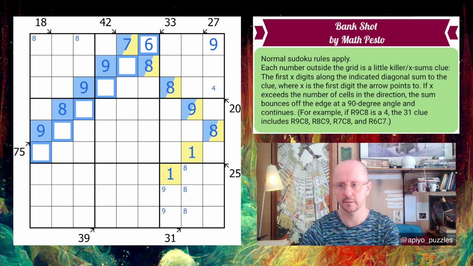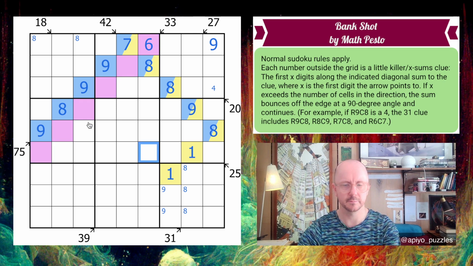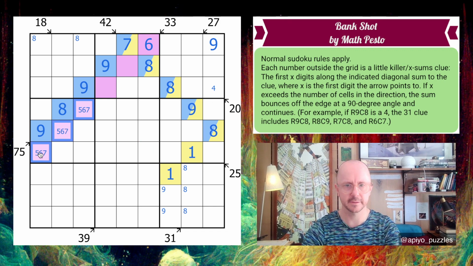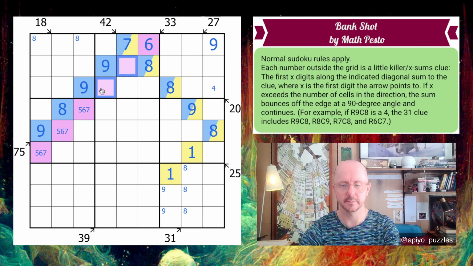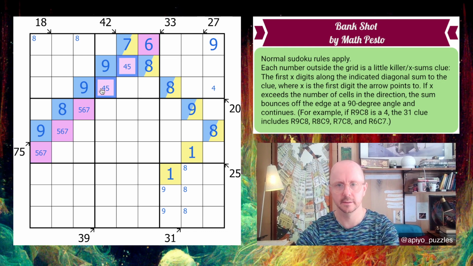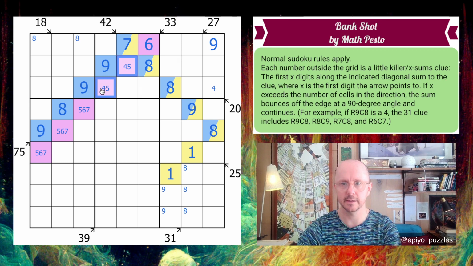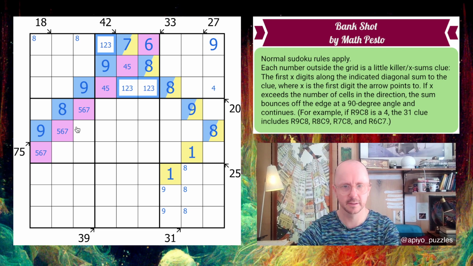In fact, it might just be a strict minimum kind of situation again, or maximum rather. This is a maximum of 5, 6, 7 for 18, and this is a maximum of 4, 5, 6 for 15. 18 and 15 is 33. Right. So we're left with 1, 2, and 3 in the box. We're left with 1, 2, 3, and 4 in here. There's no 1 in there.